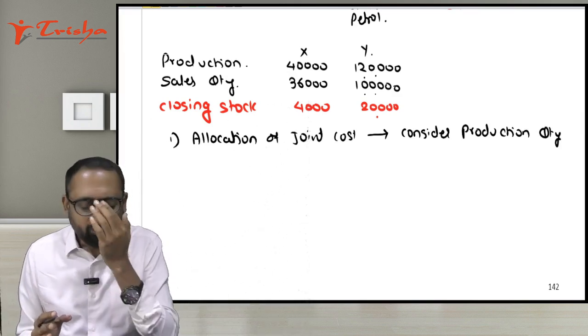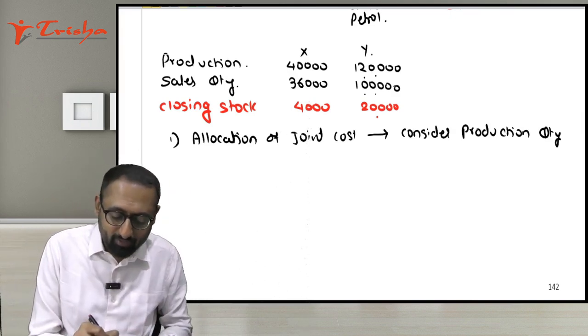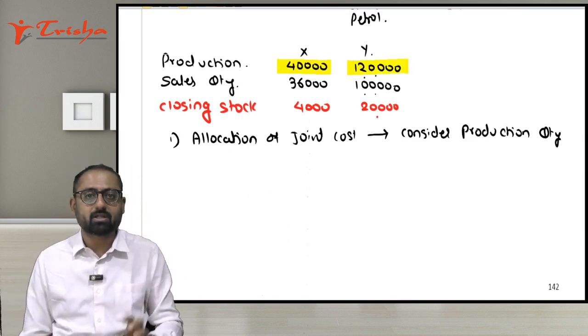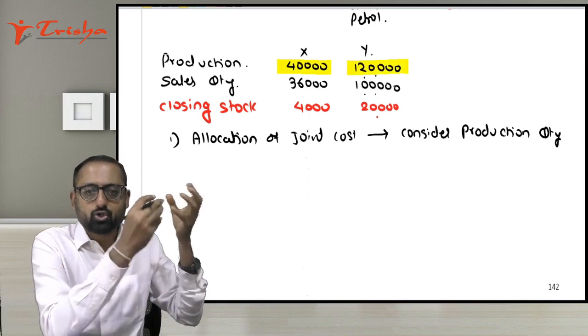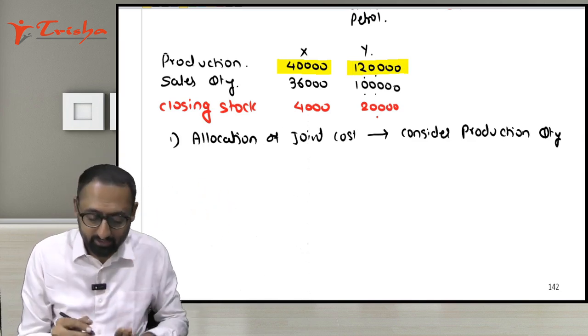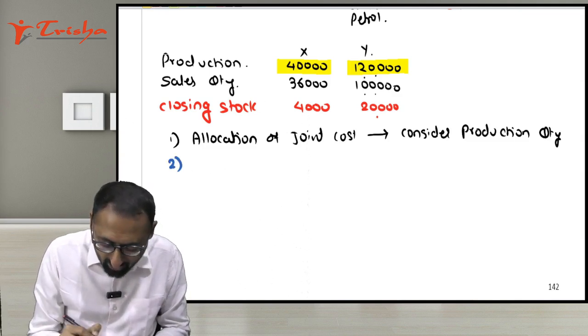For allocation of the joint cost, consider the production quantity. Joint cost will be allocated on the basis of 40,000 and 1,20,000. Production quantity should be considered because, Sirji, production cost, the joint cost, is applicable to the production. Okay, second one, if in a question you need to calculate the profit.